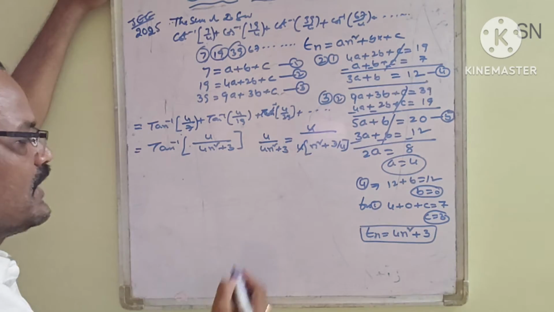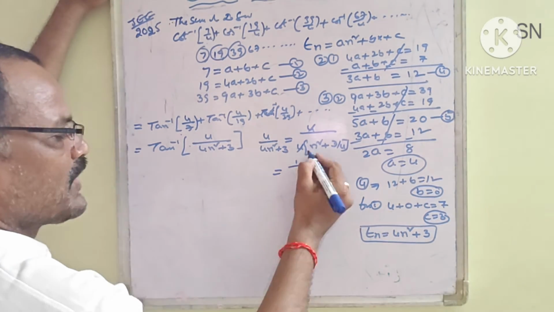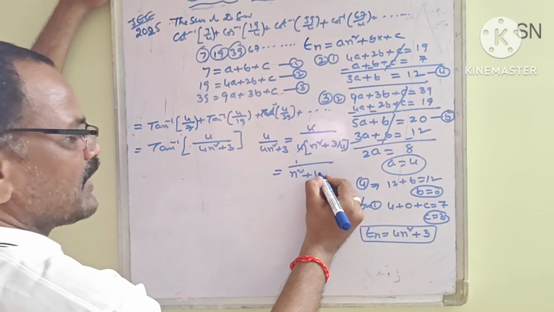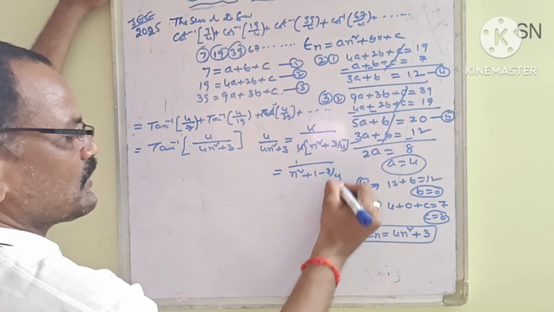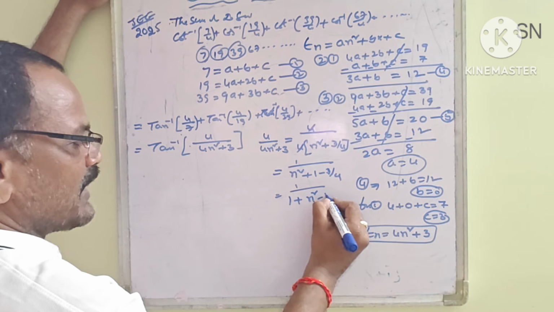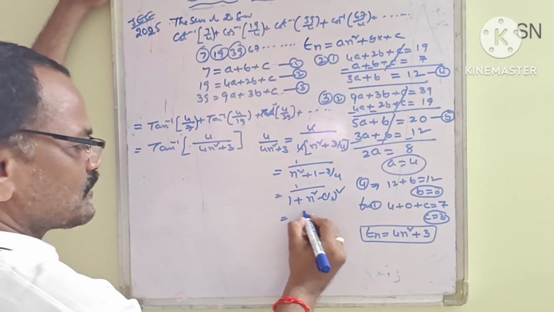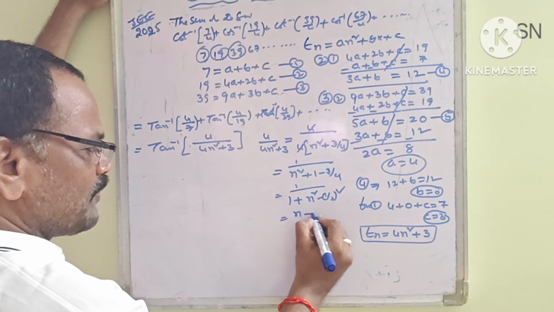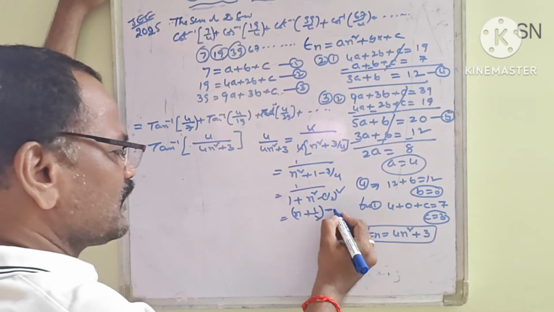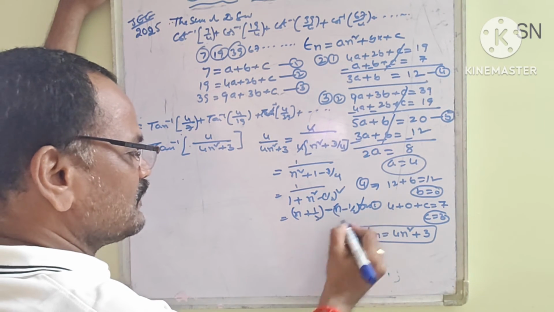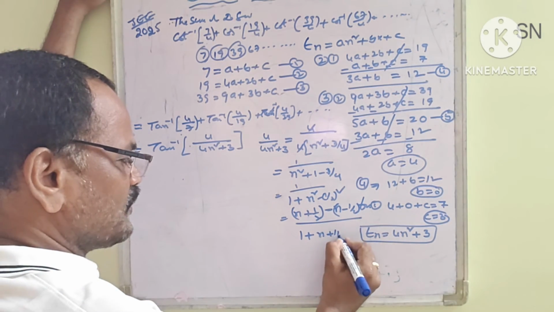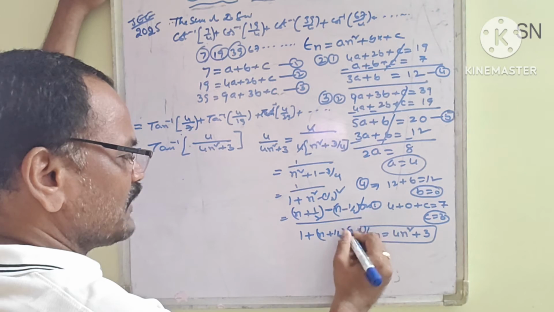Now 4 gets cancelled. Now 1 by n square plus 3 by 4, that means n square minus 1 by 4 plus 1, that means 1 by 1 plus n square minus 1 by 2 whole square. So here n plus 1 by 2 minus n minus 1 by 2 is 1, and here 1 plus n plus 1 by 2 into n minus 1 by 2.